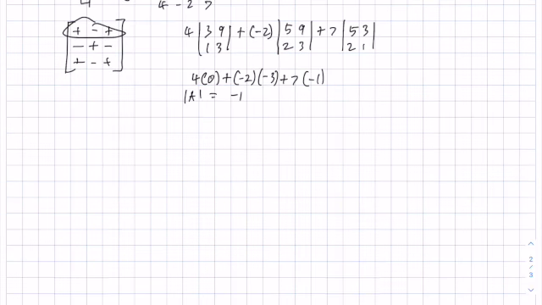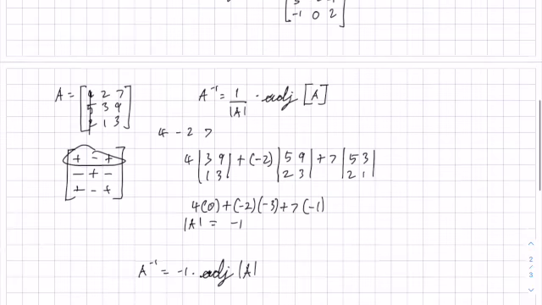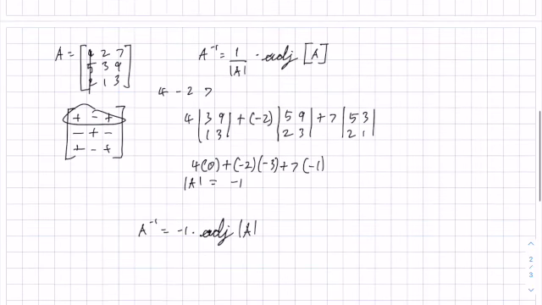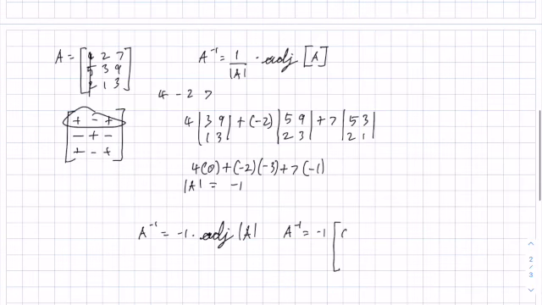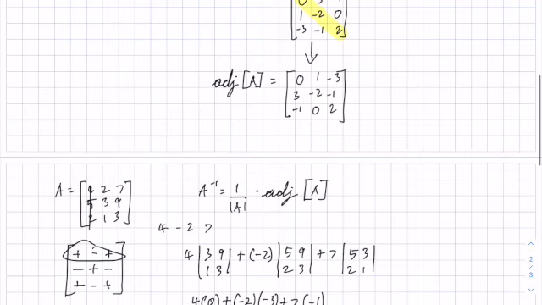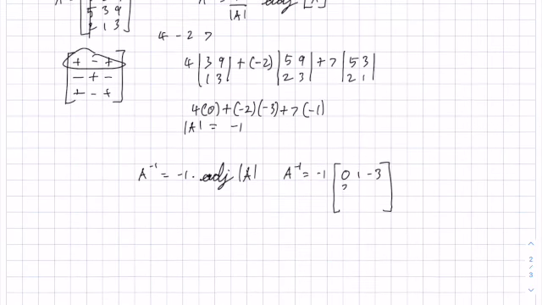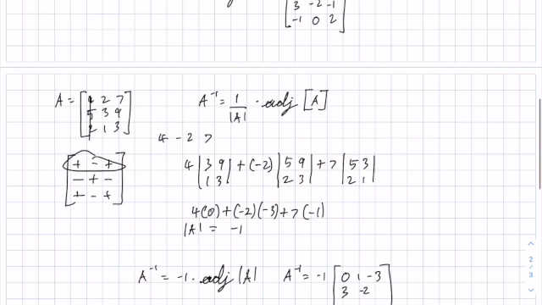So A inverse is equal to 1 over -1, which is still -1, so we can just write it out like this, times the adjugate of A. Now the adjugate of A we found was, well, hold up, I'm just gonna have to write it out like this. -1, let's see, 0, 1, -3, yeah. 3, 2, 3, -2, -1, 3, -2, -1, -1, 0, 2.